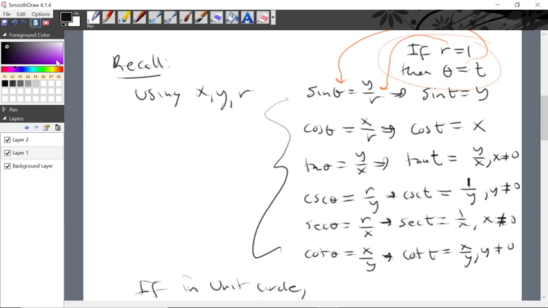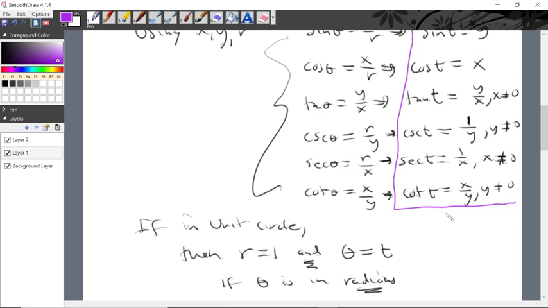So here are the new definitions, the third definitions of the trigonometric functions. They are all with respect to an argument that is a distance. So the input to the trigonometric functions is no longer required to be an angle. Now the input can be a distance. That is the point.